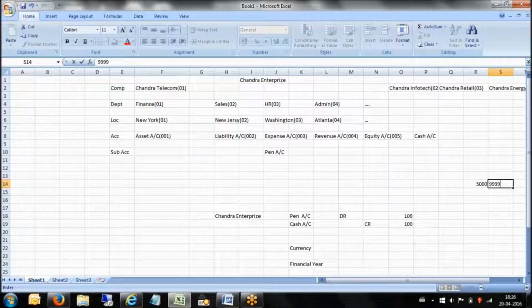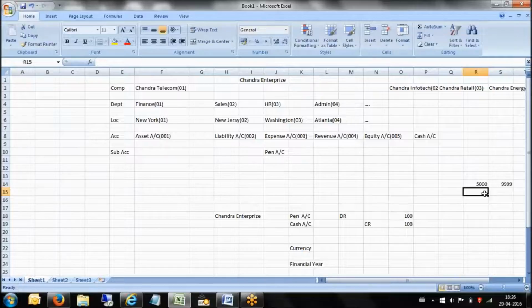It means today we have only 5,000 assets, but we have left the scope that we can define till 9999. So, keeping the number of accounts in mind, you decide the maximum digits you want to have.